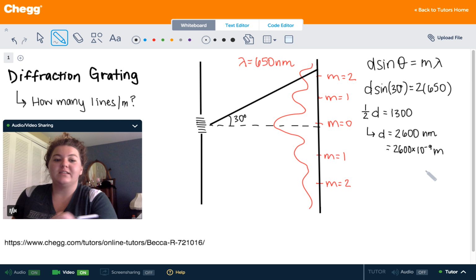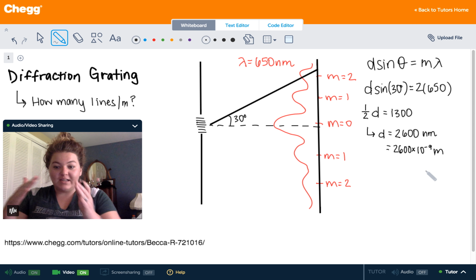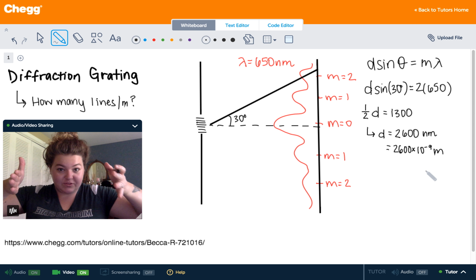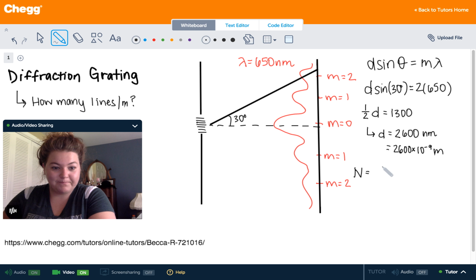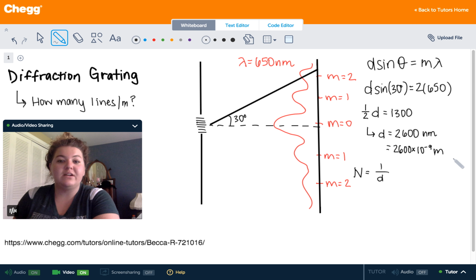But we're not asked for d. We're not asked to find the spacing between each line, which is 2600 times 10 to the -9th meters, or 2600 billionths of a meter. We are asked to find how many lines you could find in 1 meter of diffraction grating using that slit spacing. Well, the number of lines n is given by just the inverse of d, because d in essence is the meters per line.